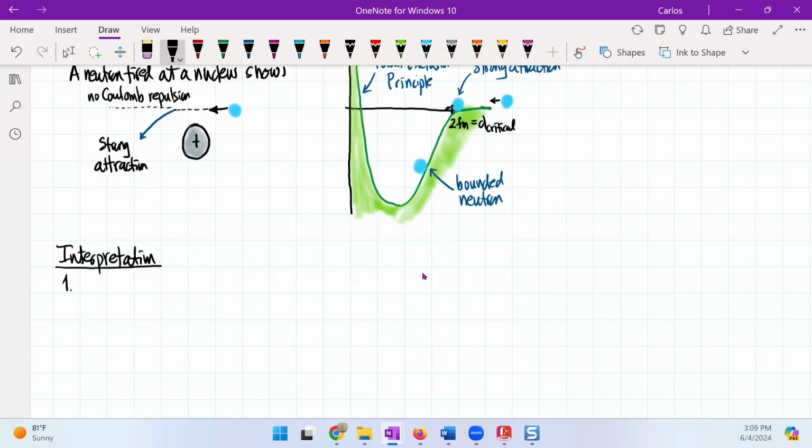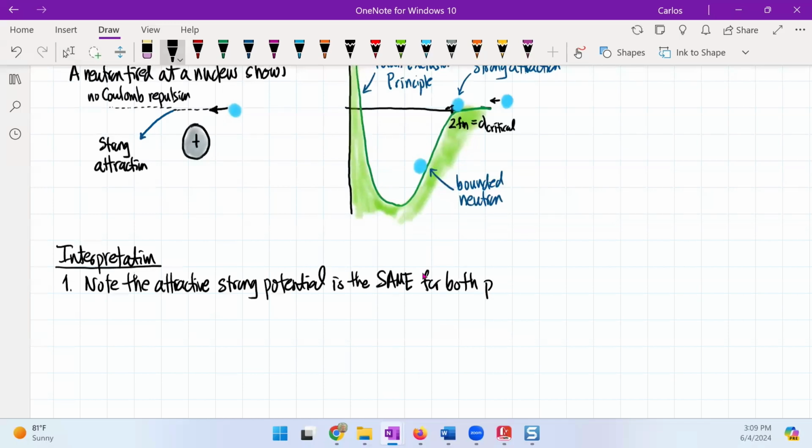The first thing here is to note the attractive strong potential is the same for both proton and neutron.